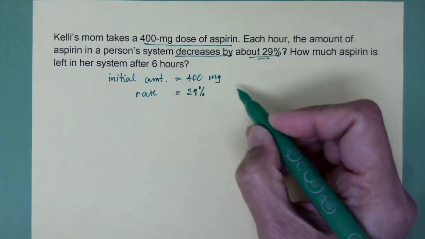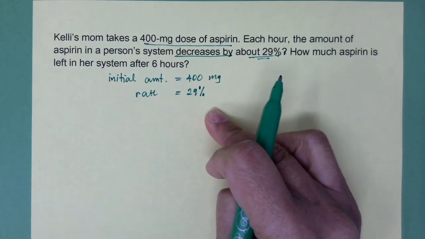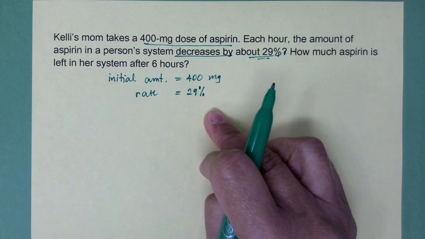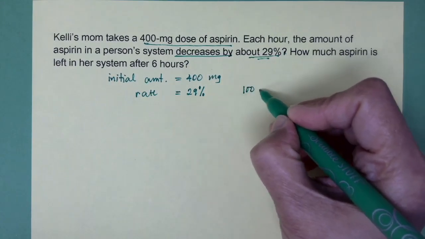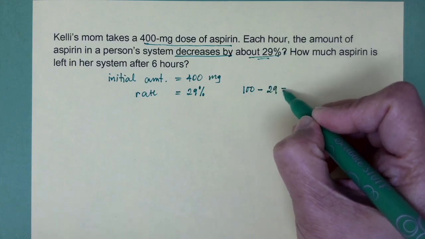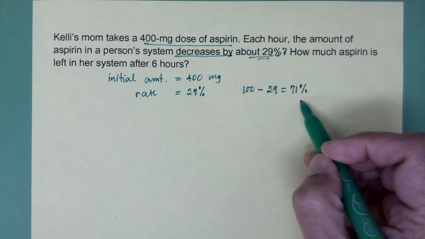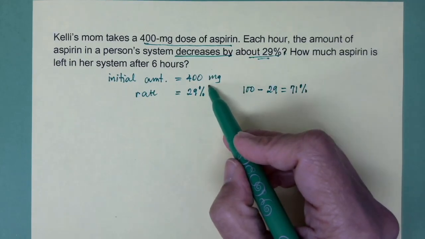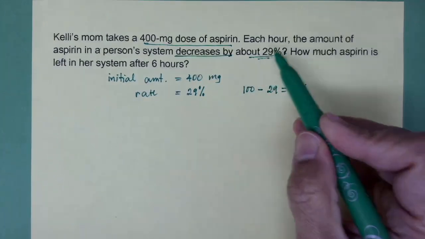So if the amount of aspirin decreases by 29%, what percent of the original amount of aspirin is left in the body? How do we determine that? We have to subtract 29 from 100, and that gives us 71%. So only 71% of the original amount of aspirin is left in the person's body after an hour.